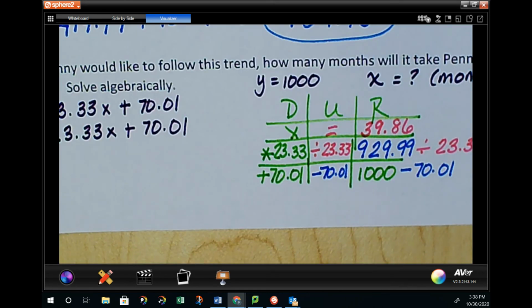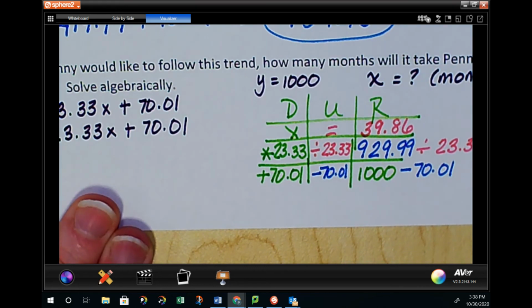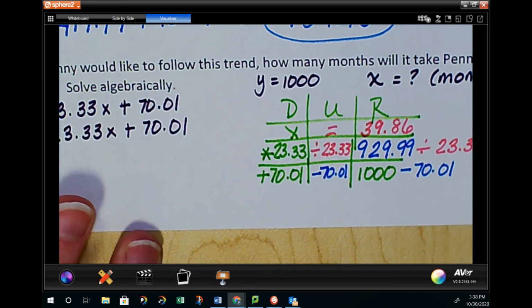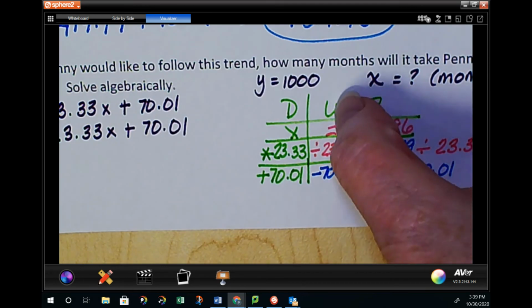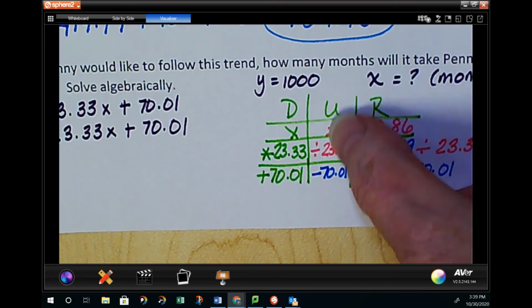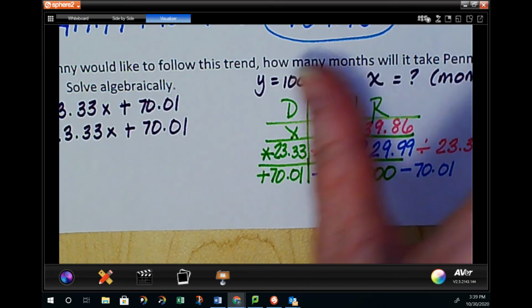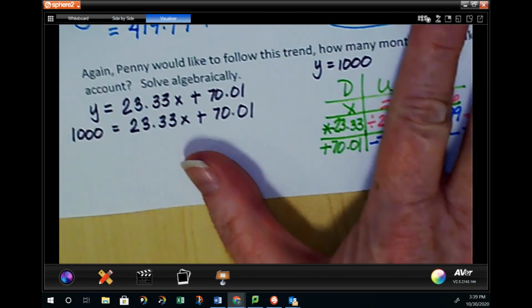However, you don't have to use the DIR, because that was just getting you to remember to work backwards, use opposites, and undo things correctly. We're still going to undo this equation.